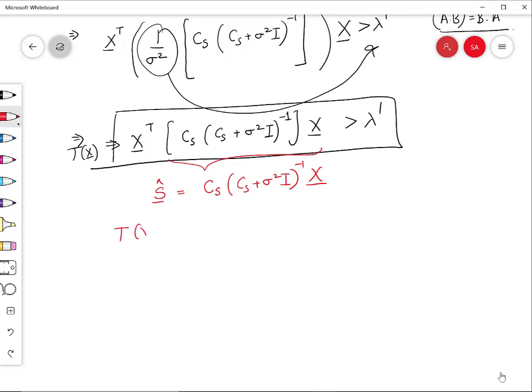So my test statistic T of x becomes x transpose S hat, or in other words a summation over i goes from 0 to capital N minus 1 of x of i S hat of i, and obviously this has to be greater than some lambda dash to detect hypothesis H1 to be correct.